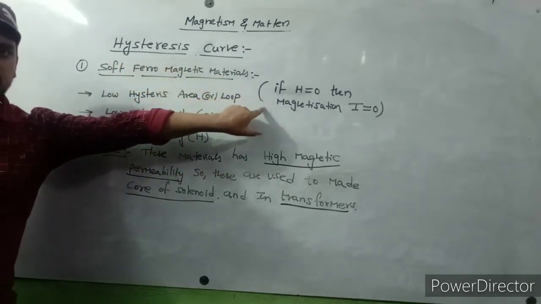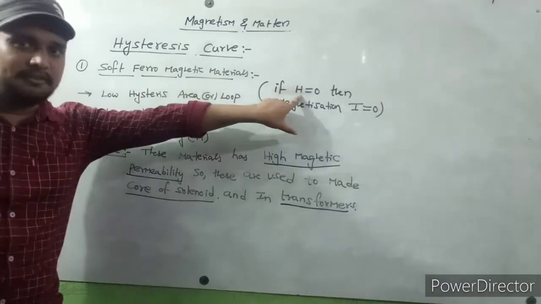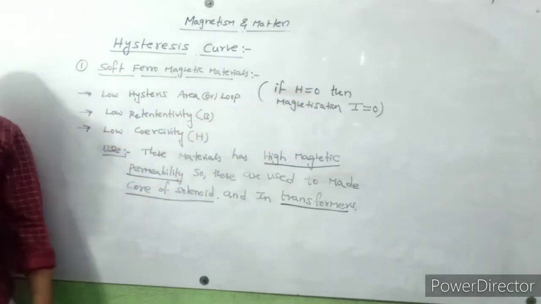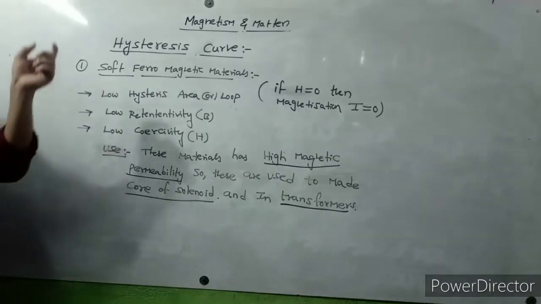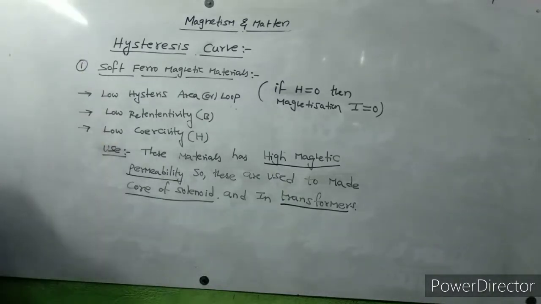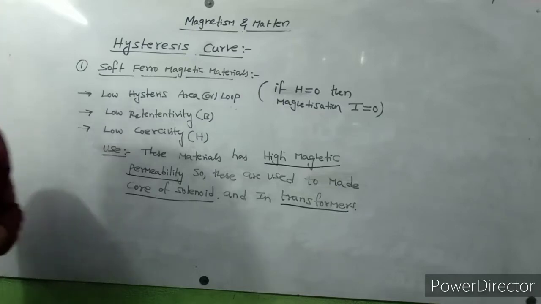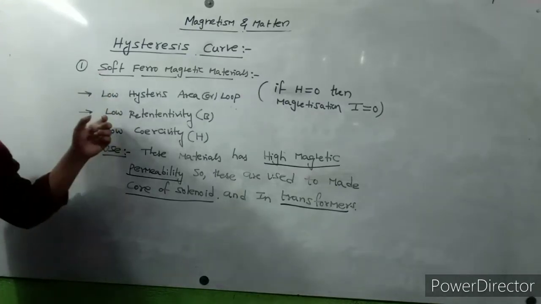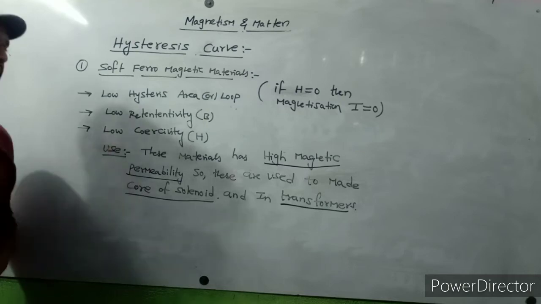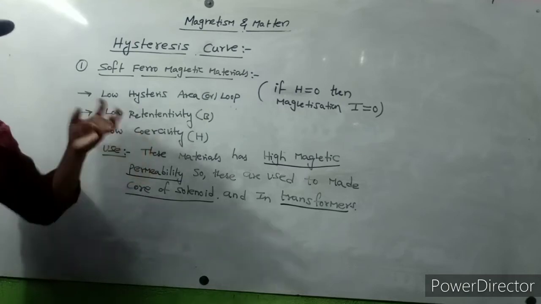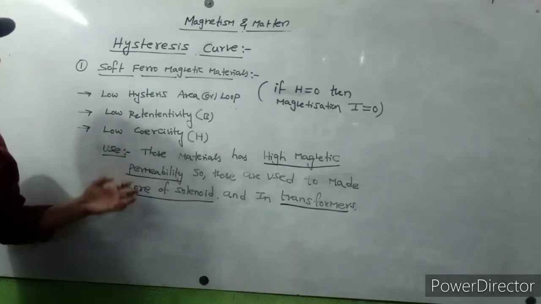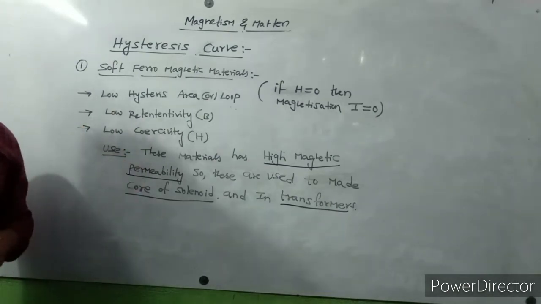This condition is very, very important. If magnetizing field H is equal to 0, then magnetization is also equal to 0. Next, the conditions: low hysteresis area, low retentivity, low coercivity. These materials have high magnetic permeability, so they are used to make the core of solenoids and in transformers.